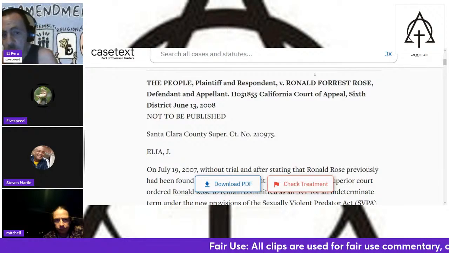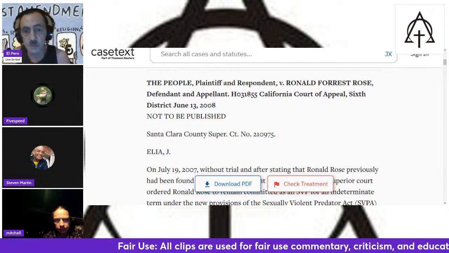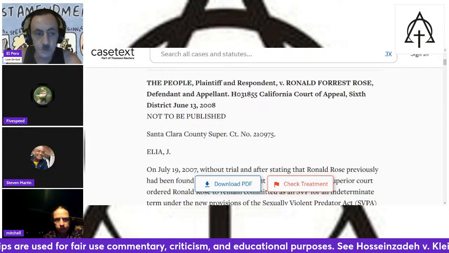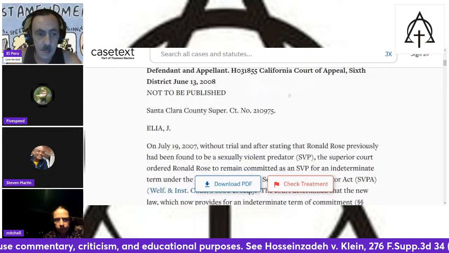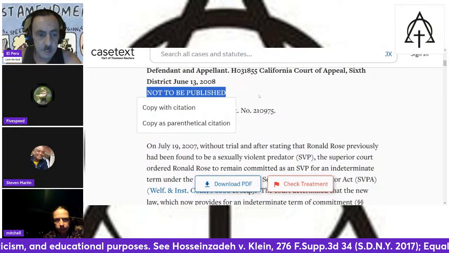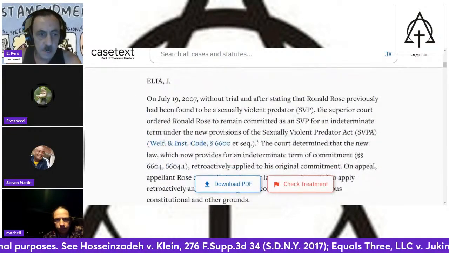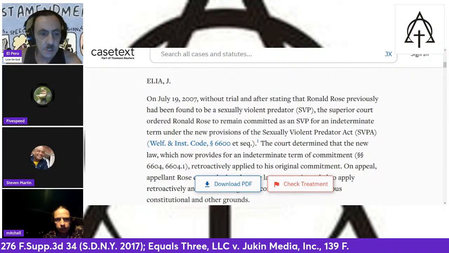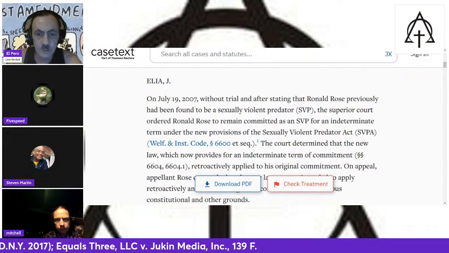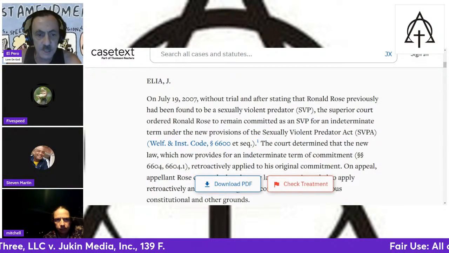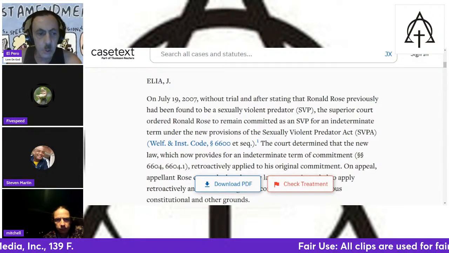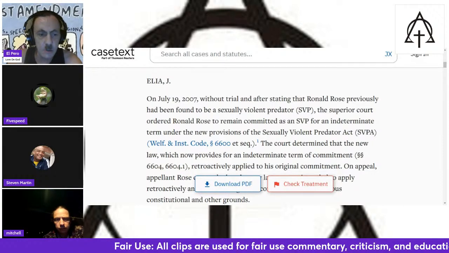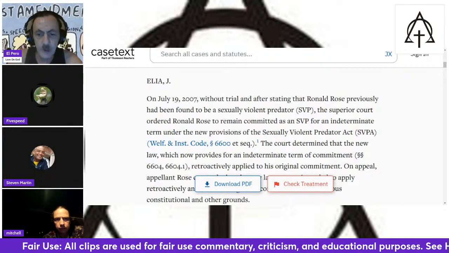Okay, I pulled up People versus Rose. It says the people, plaintiff and respondent, versus Ronald Forrest Rose, defendant and appellant. It says not to be published. Santa Clara County, it looks like it was published. On July 19, 2007, without trial and after stating that Ronald Rose had previously been found to be a sexually violent predator, the Superior Court ordered Ronald Rose to remain committed as an SVP for an indeterminate term under the new provisions of the Sexually Violent Predator Act.